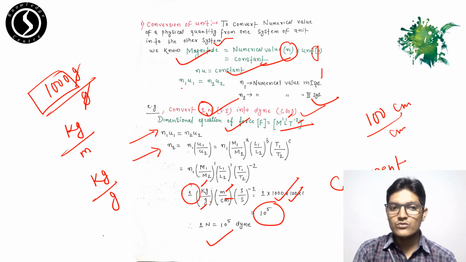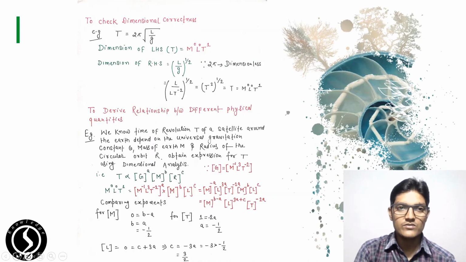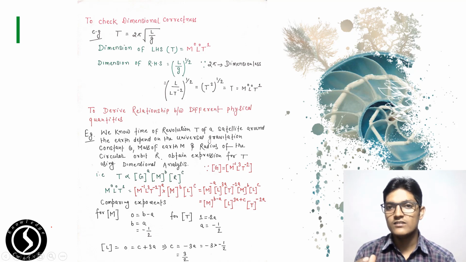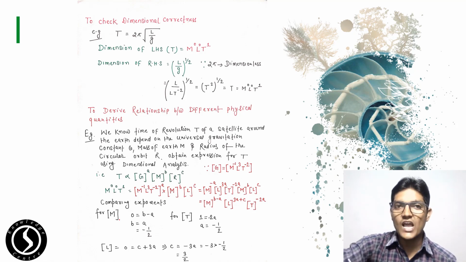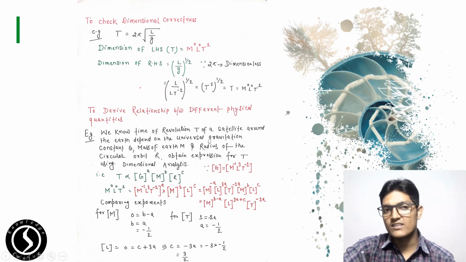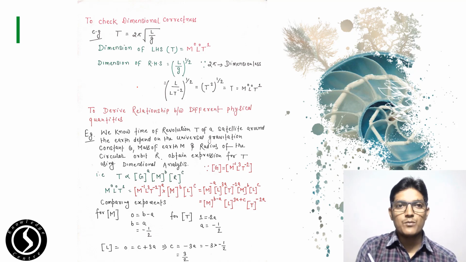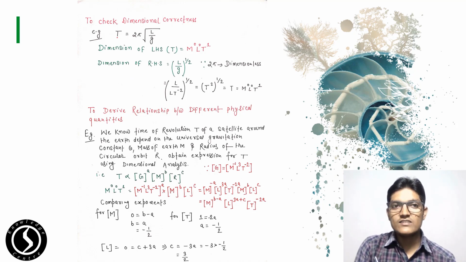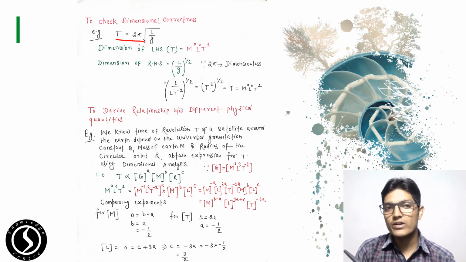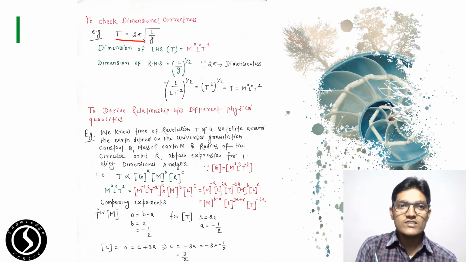Now we will move to our next slide. The second thing is to check dimensional correctness, which we discussed earlier regarding the applications of dimensional analysis. We will take one example. We know the formula T = 2π root over L by g. What are the dimensions of T?